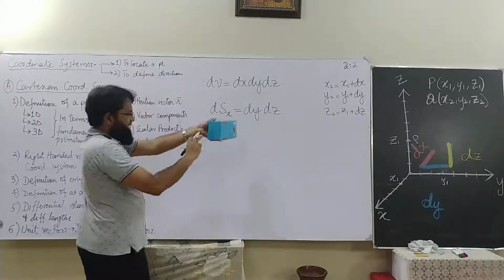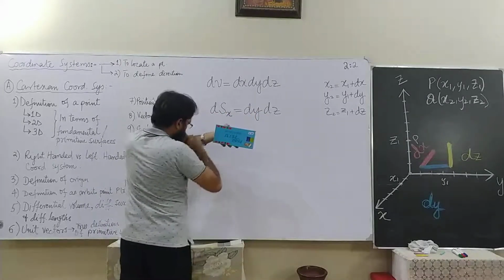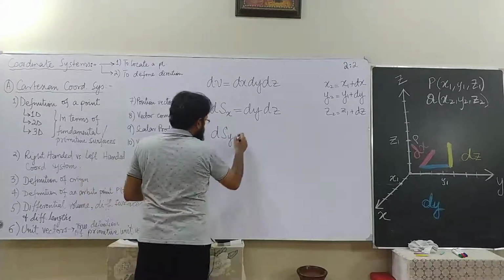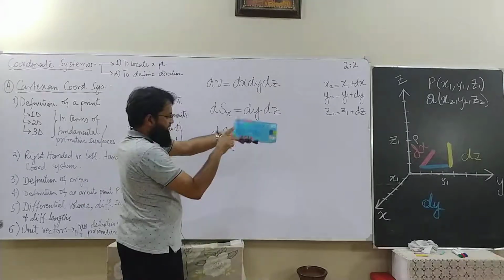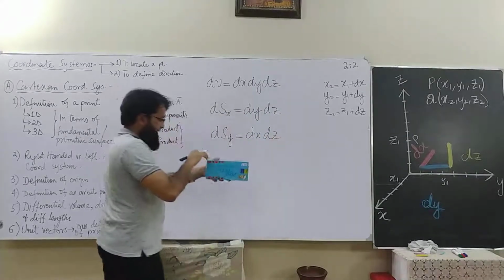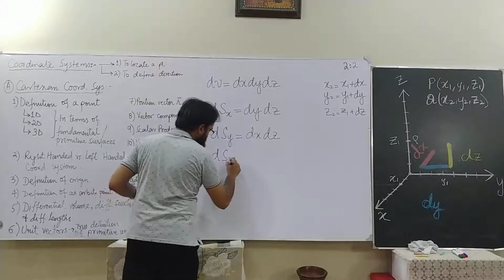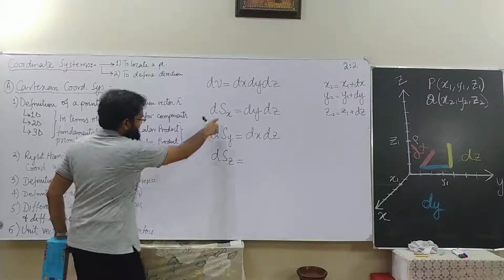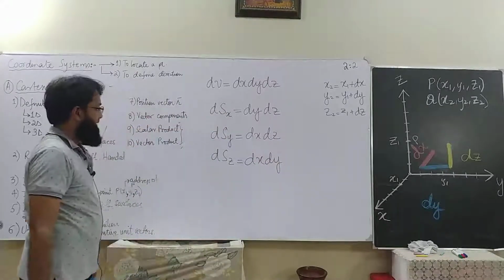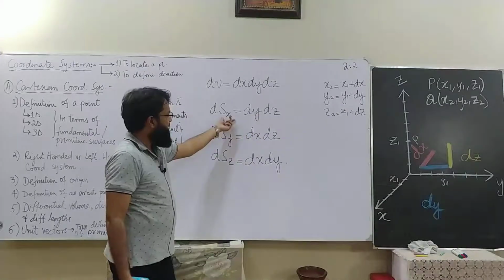Similarly, this differential surface, the left one or the right one, will share the same formula. Let me represent that differential surface by dsy, and the formula for this will be dx multiplied by dz. And for the top one, if I say that this is dsz, you don't need the formula. If you see the symmetry here, you will simply say the formula for this will be, for constant x, dy dz, because x is constant.